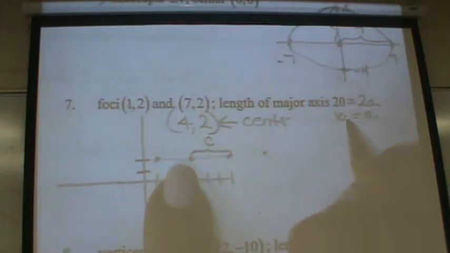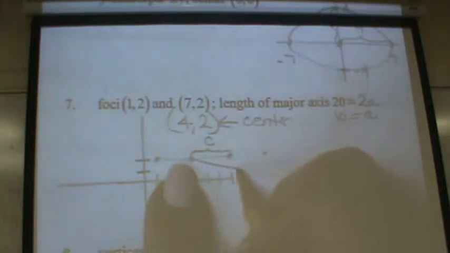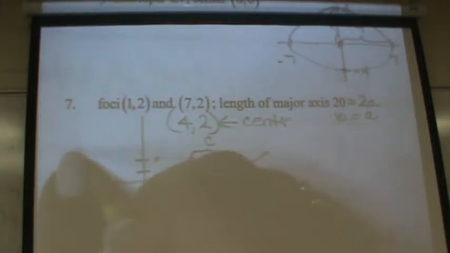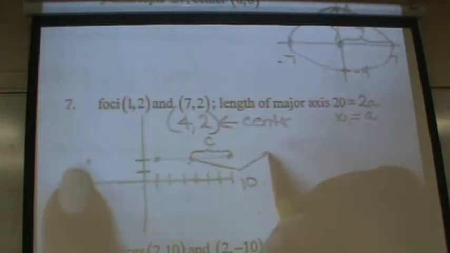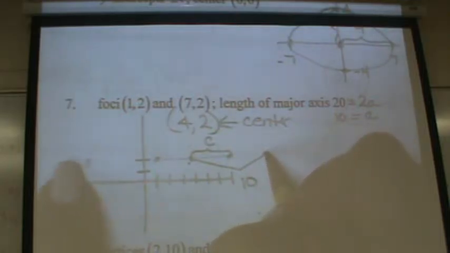So you've got 10 units from here to here, and from here to here is 10 units. 10 and 10 is 20. Your major axis is 20 units long from one vertex to the other.